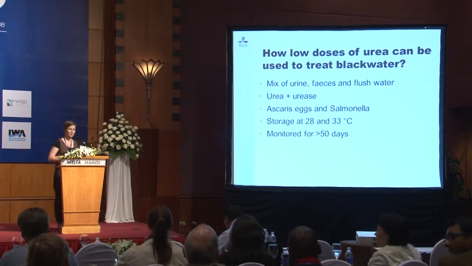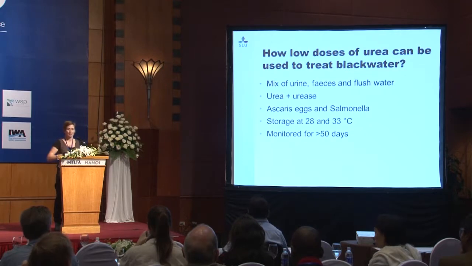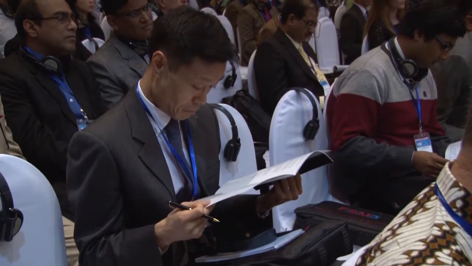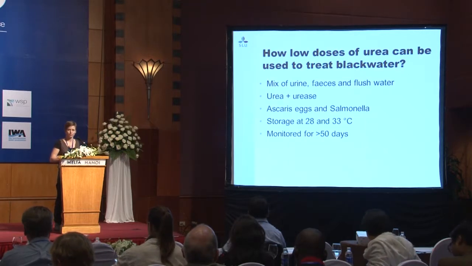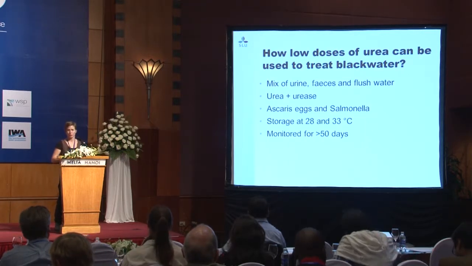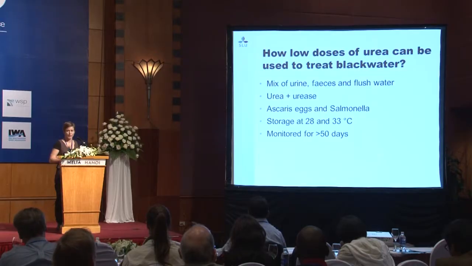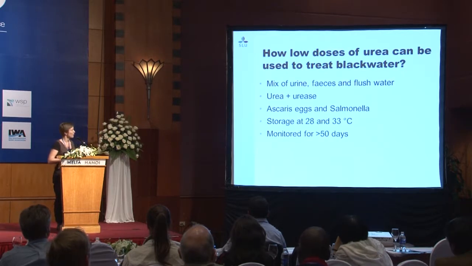The aim of this study was to investigate how low the urea dose could be to treat black water. In this presentation, black water represents urine mixed with flush water, at 15 liters per person per day.